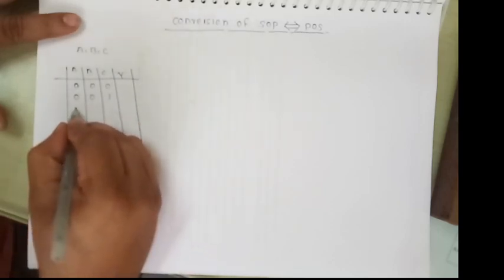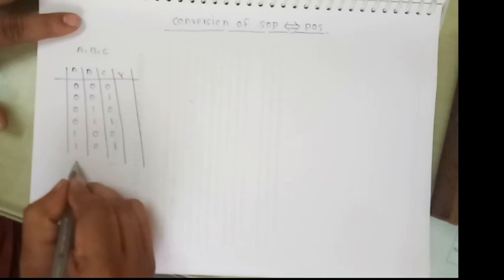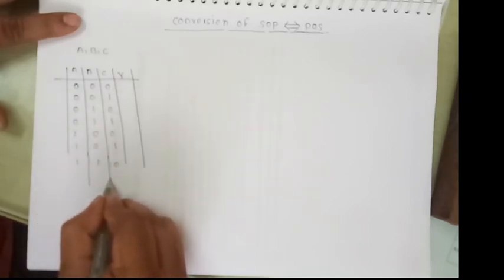This is the second combination, then 0, 1, 0, then 0, 1, 1, then 1, 0, 0, then 1, 0, 1, then 1, 1, 0, and then 1, 1, 1. So these are the possible input values for the three variables A, B and C.